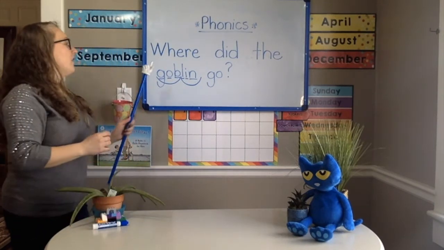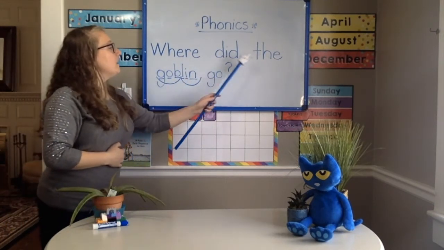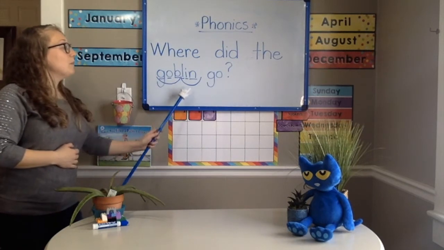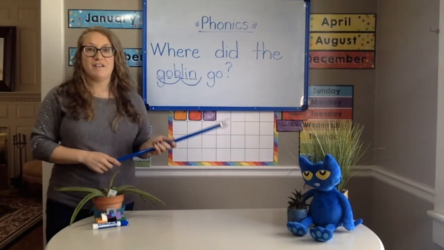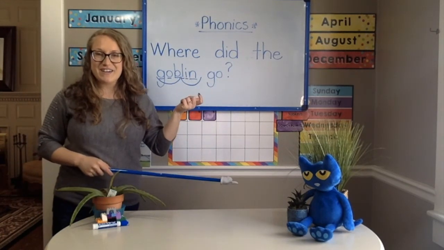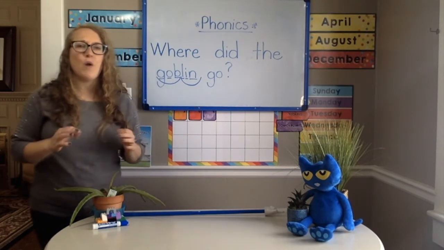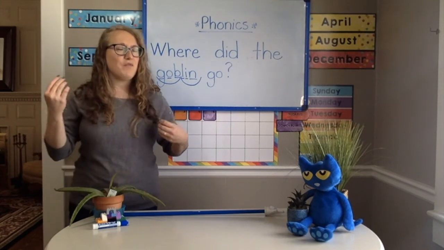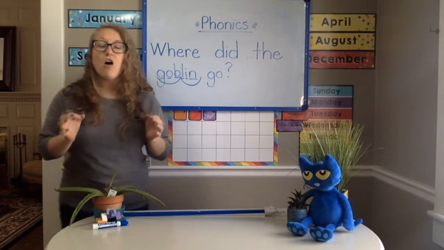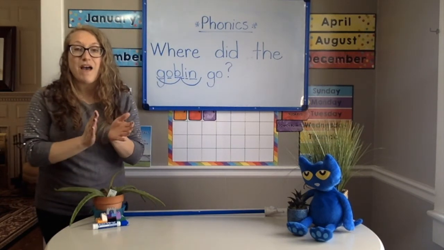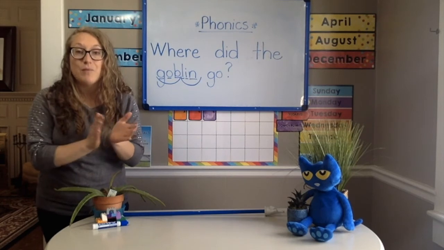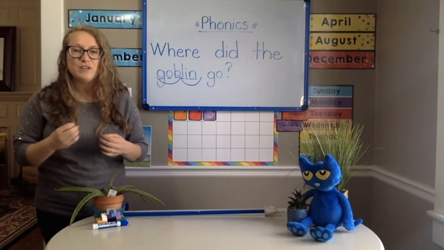Whoop. Where did the goblin go? And I was right, I needed a question mark at the end. Kindergarten, you are doing a great job. I know, writing big words can be confusing, it can be tricky. All you need to remember is to clap out your syllables. That's all you need to do when you write these.